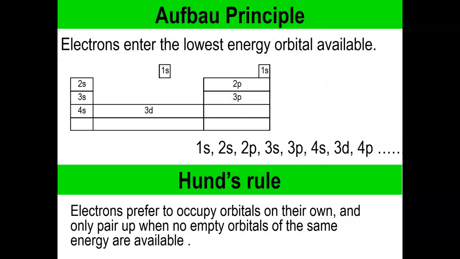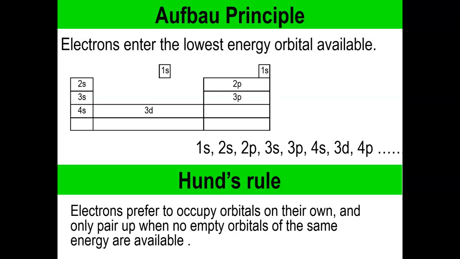Now, just to remind you of a couple of the issues, the electrons enter the lowest energy level orbital that's available. So as you can see, follow these on the periodic table from the 1s, which is hydrogen and helium. Then we go 2s, lithium and beryllium, 2p, all the way, of course, boron to neon. The 3s, sodium, magnesium. The 3p is underneath that, aluminium up to argon. And then 4s is potassium and calcium.